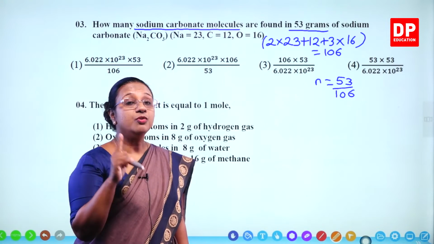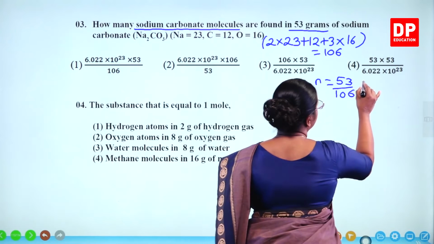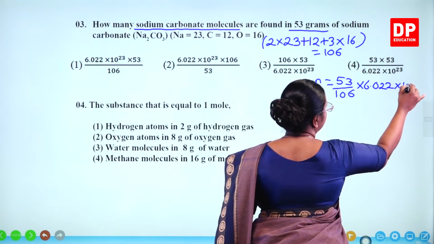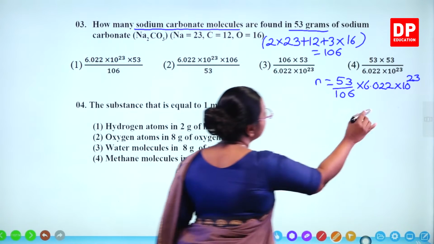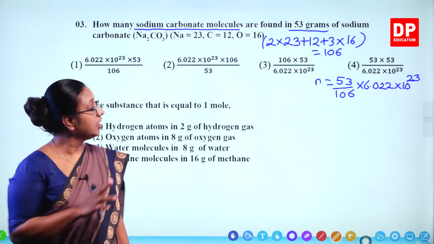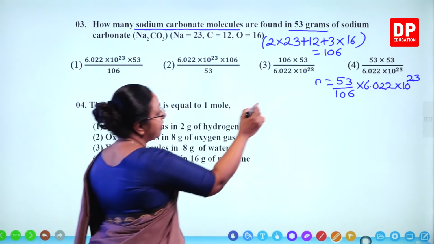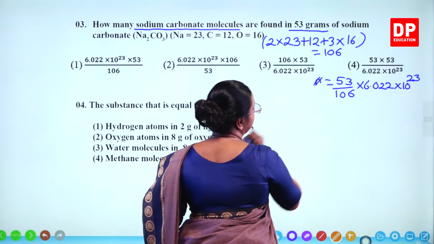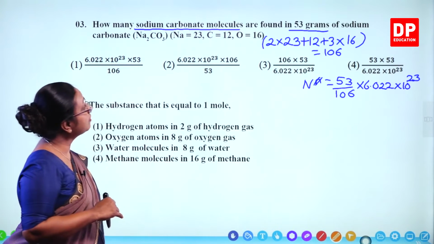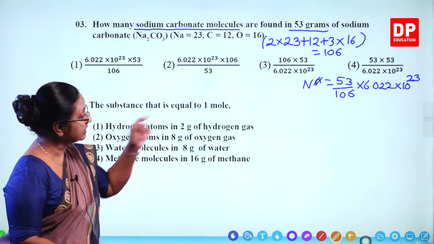Then we multiply by the Avogadro constant, 6.022 into 10 to the power of 23. So that is the equation that you need. After you do that, it will not be the number of moles, it will be the number of molecules of sodium carbonate.